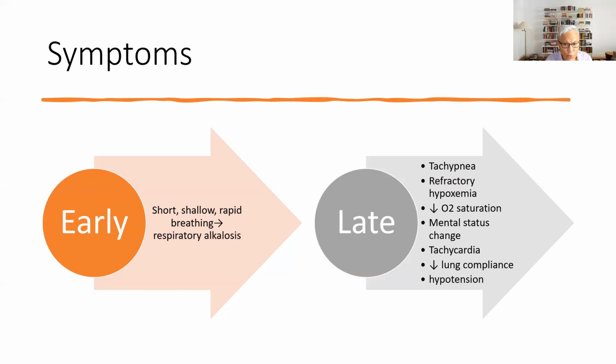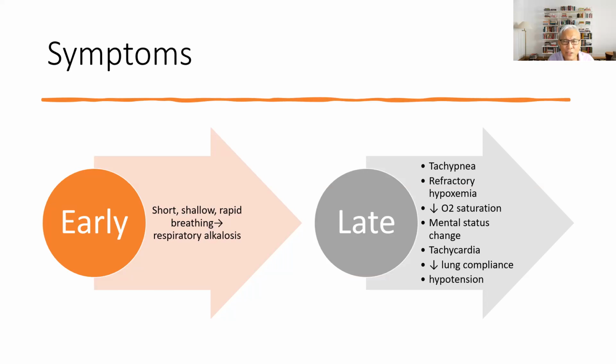Then, as time goes on, it moves now to a full respiratory failure. So what are the signs of respiratory failure? Tachypnea, for example, difficulty in breathing, hypoxemia, even though the patient is receiving a high amount of oxygen. This is what is known as refractory hypoxemia. So if I give you 100% oxygen, your oxygen level should go up.